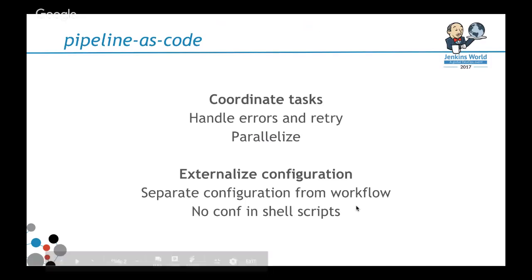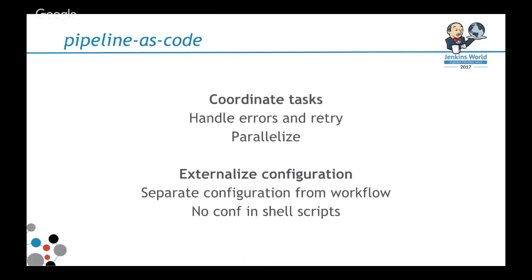So yeah, that lets us coordinate tasks, like handle errors and retry them if it fails, and also parallelize stuff, because it's hard to parallelize jobs in bash scripts. And most importantly, that lets us externalize the configuration from our jobs and leave only what is essential in the job. So the configuration was separated from the workflow, and the workflow was coded in pipeline as code.